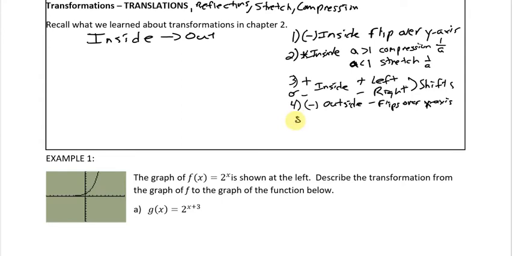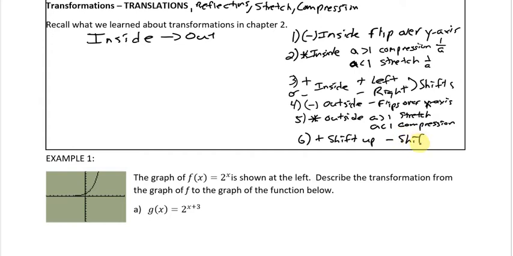And then we have multiplying outside, which again, if a is greater than 1 is a stretch, and if a is between 0 and 1 is a compression. And 6, adding is a shift up, and subtracting is a shift down. Those are our 6 things in the order that we're supposed to do them.